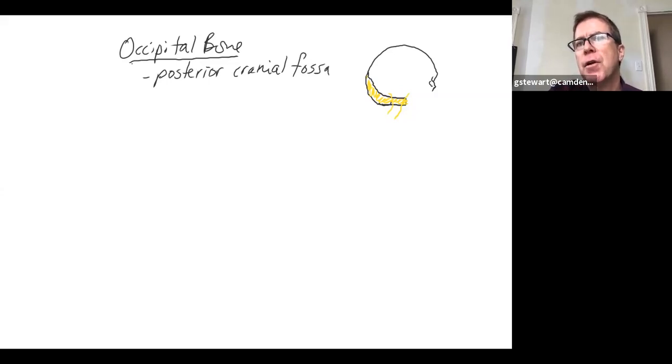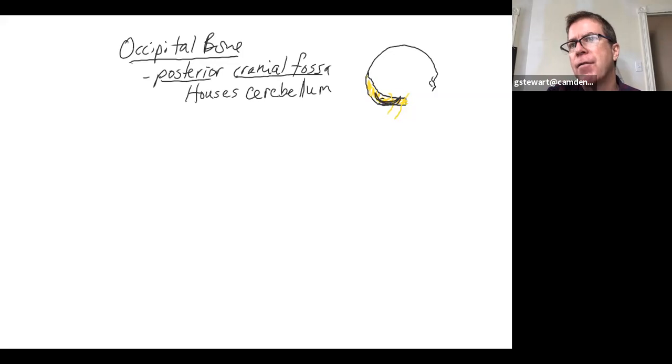And this posterior cranial fossa houses and protects the cerebellum of the brain. It accommodates for the space of the cerebellum. We'll talk about these brain structures when we do the nervous system. Cerebellum in Latin means mini cerebrum, and that hangs down right in this area from the cerebral hemispheres.